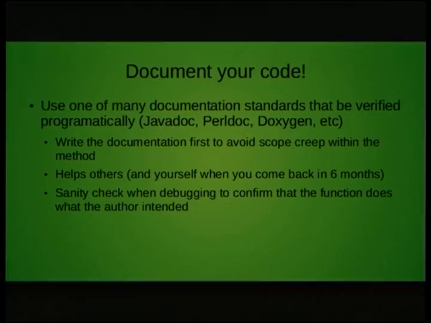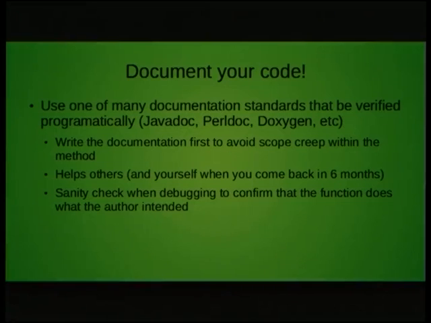Now, there's a couple of nice things about documenting your code using a standard like Doxygen or PerlDoc or JavaDoc, which is that you can generate a PDF file or HTML that describes your code and all the methods that are available within it, which is really nice for people who are actually trying to use it because they don't have to keep jumping back to the code to see what the interfaces are.